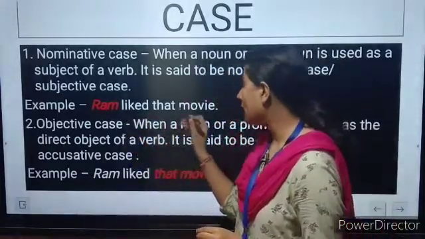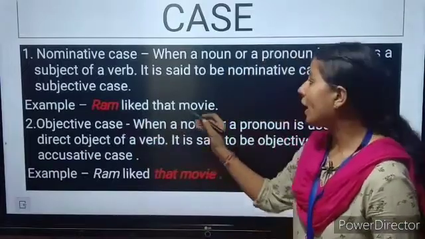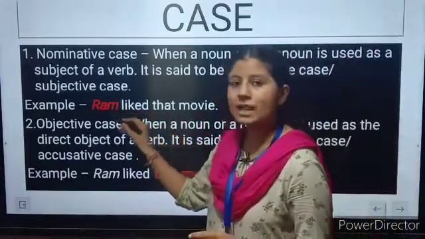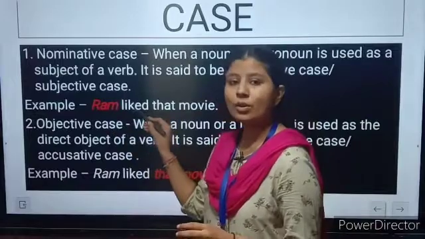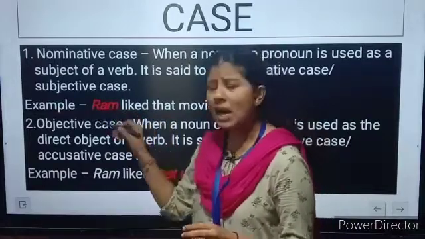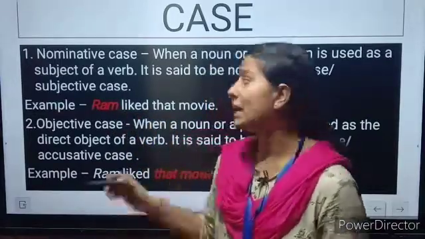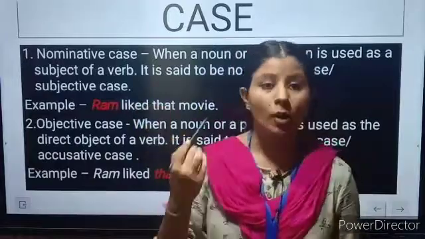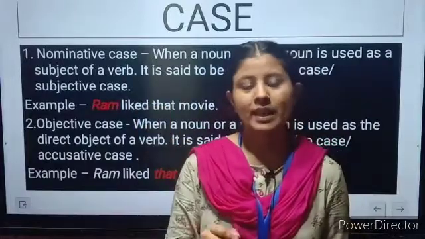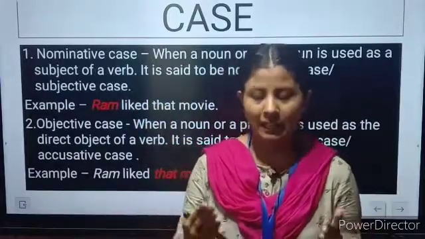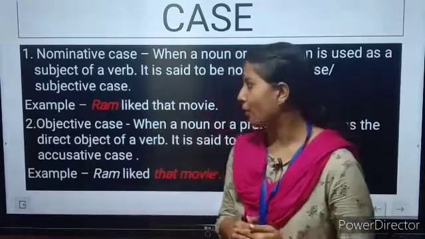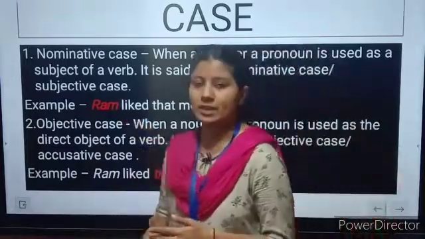Ram liked that movie. So here Ram is the subject of the action. So Ram will be called a subject and this case will be called a nominative case, or you can say subjective case. I hope it's clear to you. Now objective case.